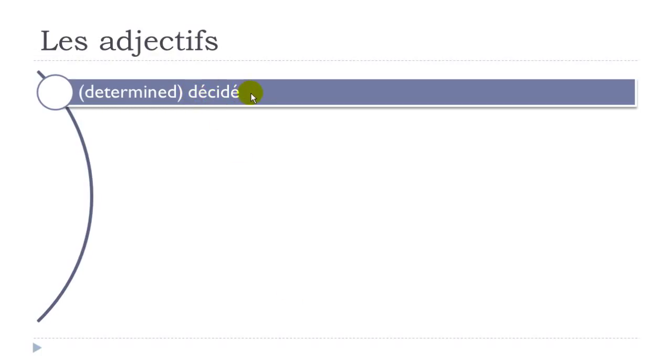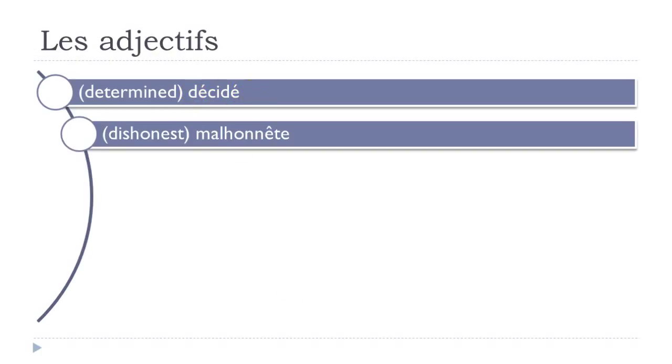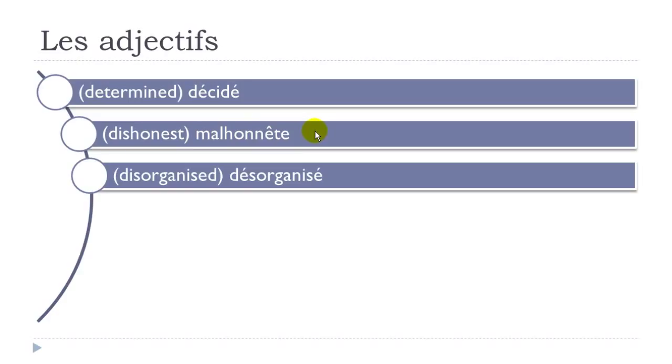Décidé. Malhonnête. Okay, remember H doesn't exist, so malhonnête. Don't insist on the final E. Malhonnête. And here you get E accent circonflexe, so you pronounce it like E. Malhonnête. Désorganisé.